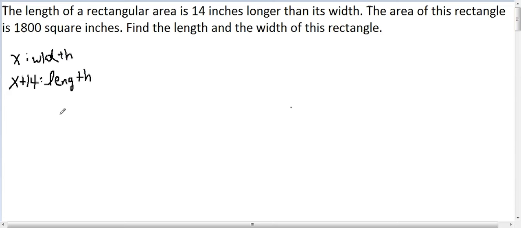We find the area of a rectangle by multiplying the width and the length together. So that's x plus 14 multiplied by x, and we're told that this is equal to 1800.